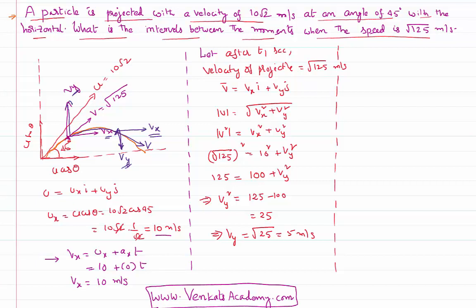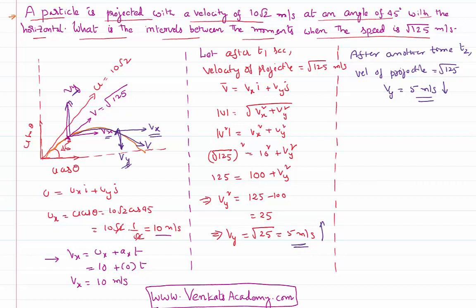Therefore, I can say after another time right from the beginning, t2, velocity of projectile is root 125. Vy is again 5 meter per second, but this vy and this vy are not in the same direction. This vy is in upward direction, whereas this vy is in downward direction.